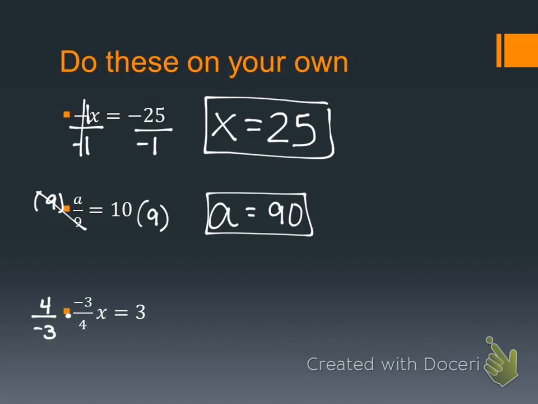Very good. Okay, so we multiply by the reciprocal. That cancels out. And I'm also going to multiply by the reciprocal on this side. I'm going to write this 3 over 1. And what do you see that I can take care of before I ever multiply? Cancel out the 3's. Okay, and then I multiply straight across. 1 times negative 4 is negative 4. Negative 4 over 1 is the answer.